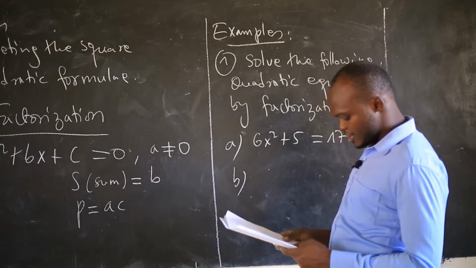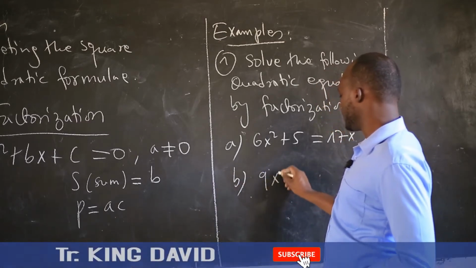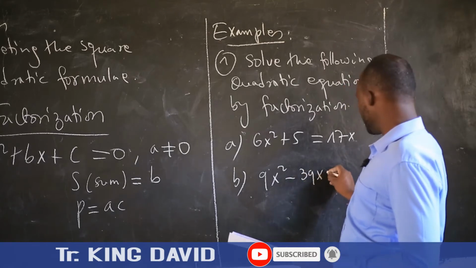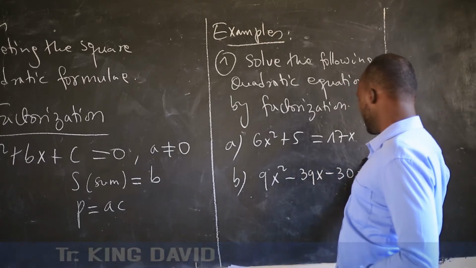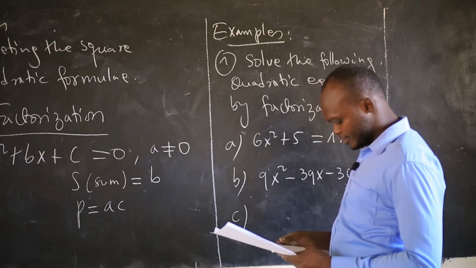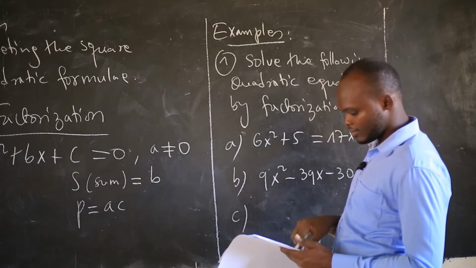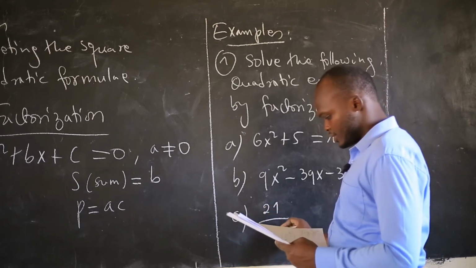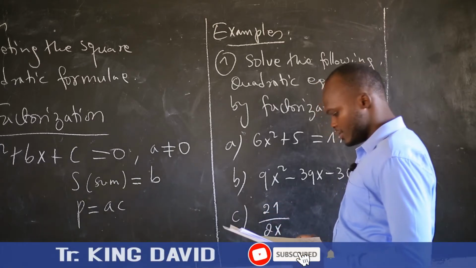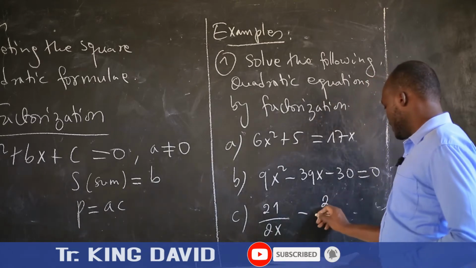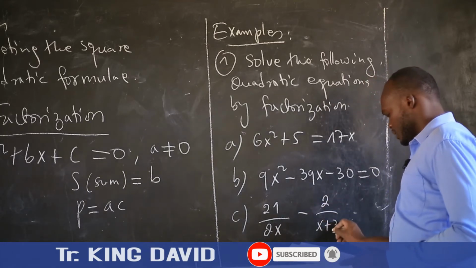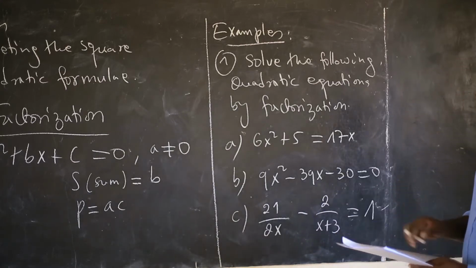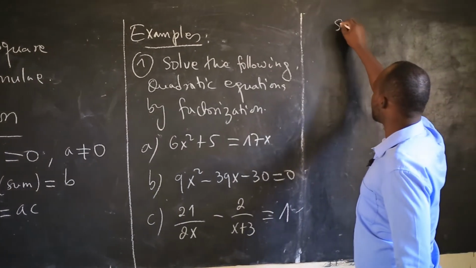B: 9x squared minus 39x minus 30 equal to 0. C: 21 over 2x minus 2 over x plus 3 equal to 1. So let us do those three one by one.